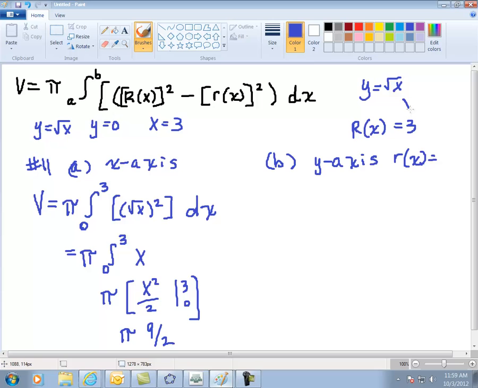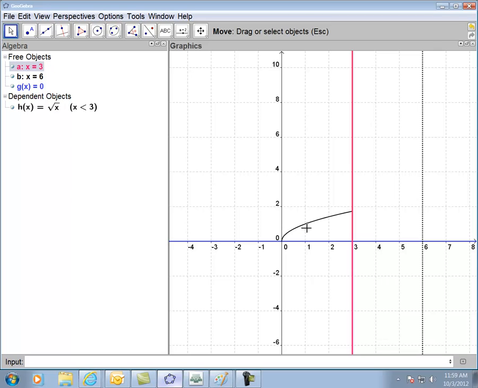I can do that by squaring both sides, so x equals y squared. So in other words, my radius here, where y is 1, is y squared, which is 1. Here y is square root of 3, so the radius is going to be 3. Or here y is square root of 2, so the radius will be 2.